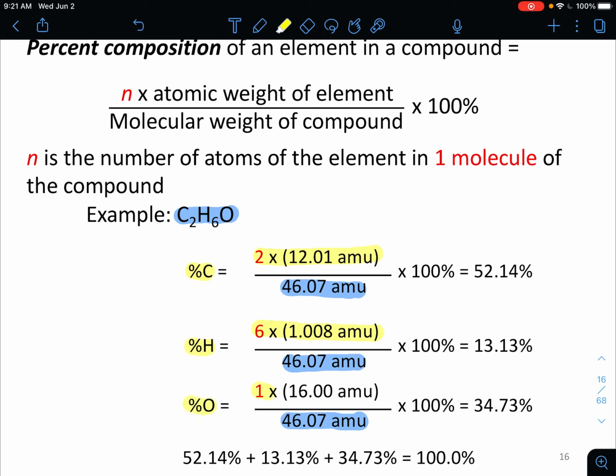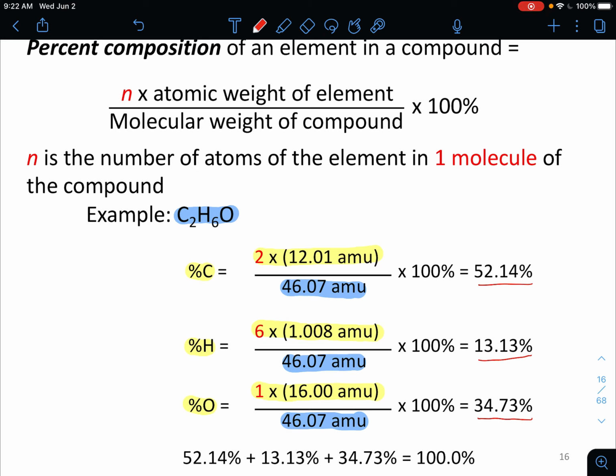And then oxygen, there's just 1 in the formula, but 16.00. And so when we combine all of that together, in each case, we're figuring out the percent by mass for the individual components. So for carbon, we get 52.14, hydrogen 13.13, and oxygen 34.73.